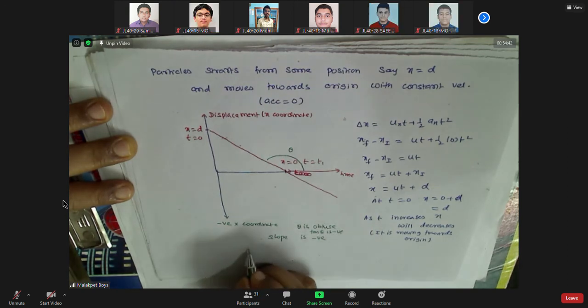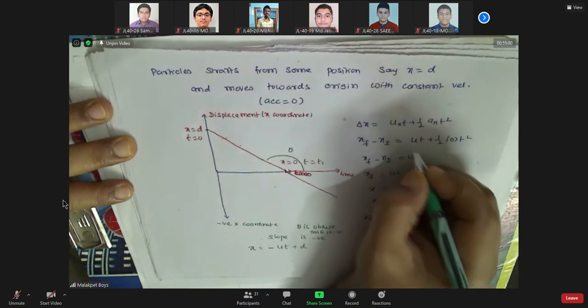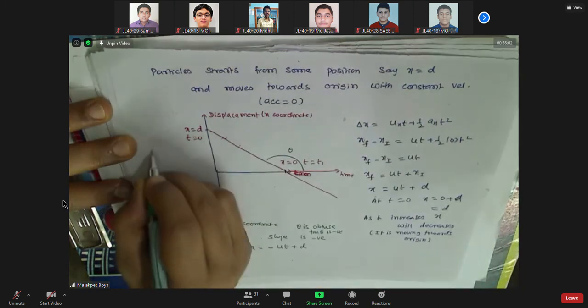Okay, so you can take the equation as minus ut plus d. Understood why you have to take it like this? See, this particle I am taking, please see.